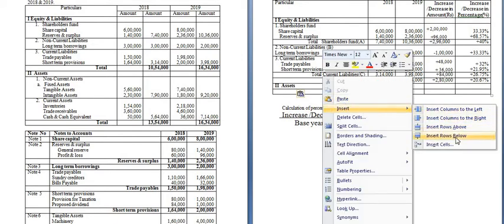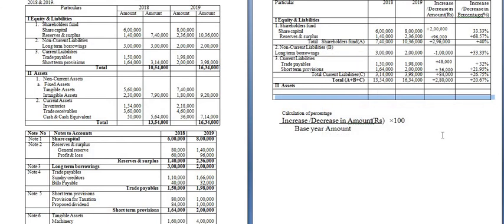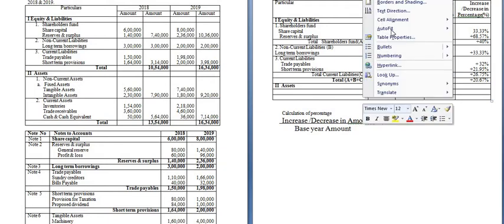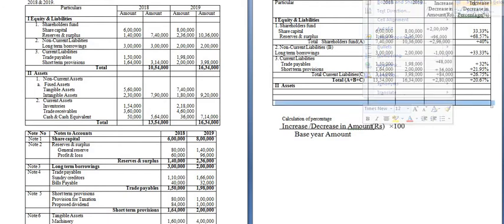In the asset side, first one is non-current assets. In non-current assets, we have fixed assets. In fixed assets, we have tangible and intangible.